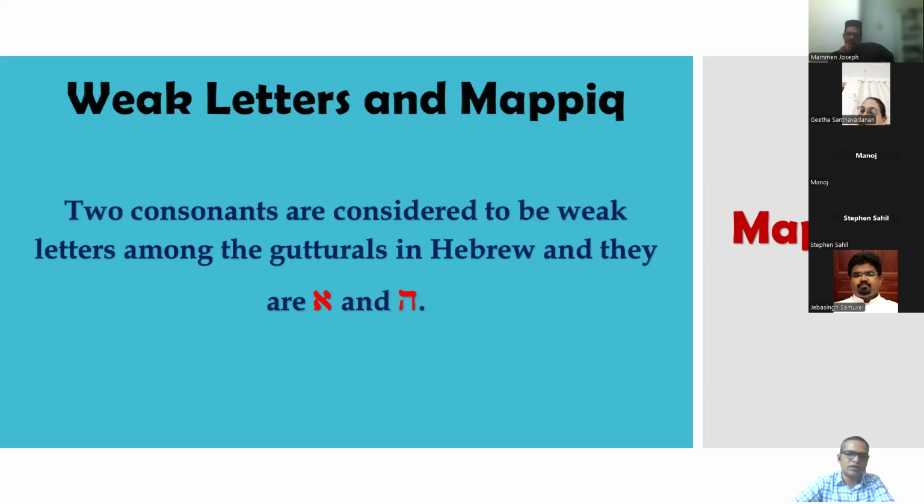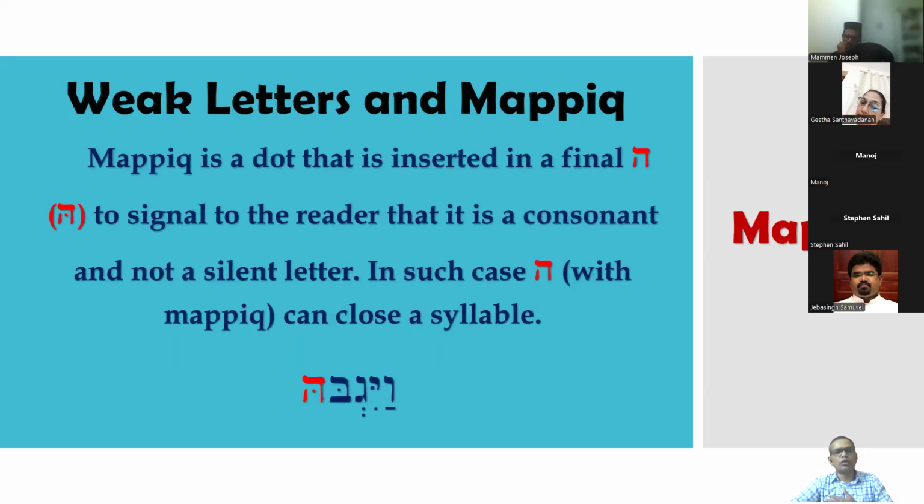So he can be pronounced when it is placed in the beginning or in the middle, but it cannot be pronounced when it is placed at the end. That means you will see he, but you will not pronounce it, as in bana.